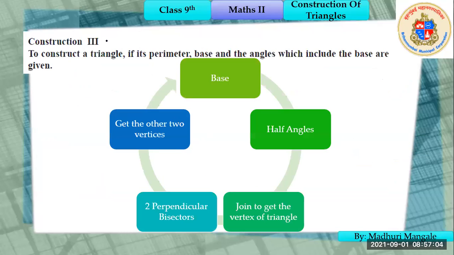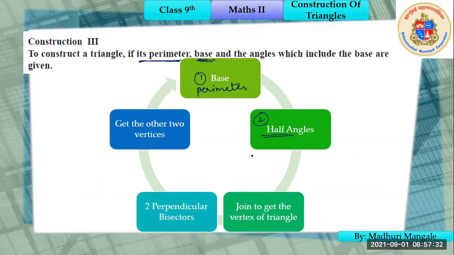Then type 3 construction is where we are given the perimeter and the two base angles, right? So these are the three things which are given. We start with drawing out the base, that is we draw the perimeter first. Then second step, two angles are given, we will halve the angles and draw half of each angle.